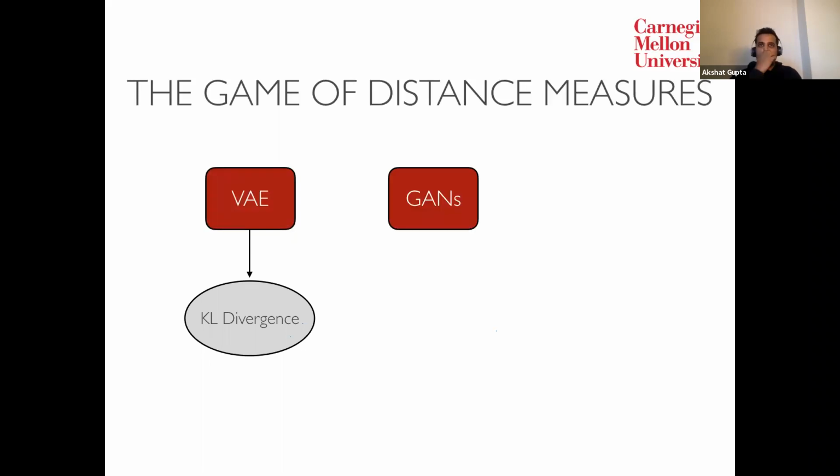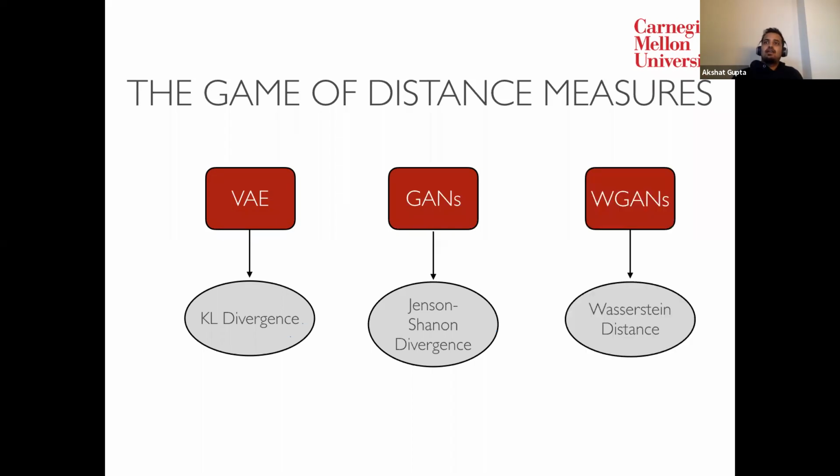In GANs, we minimize the Jensen-Shannon divergence between the actual data distribution and the generated data distribution. And in WGANs, we minimize the Wasserstein distance, which is another distance metric. The difference in performance and the stability of training is in some sense attributable to the different distances we're using.